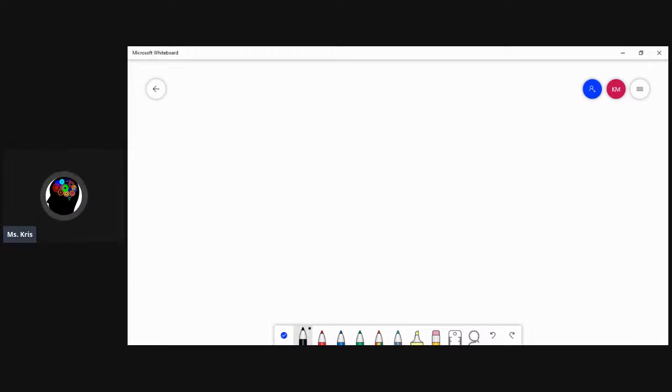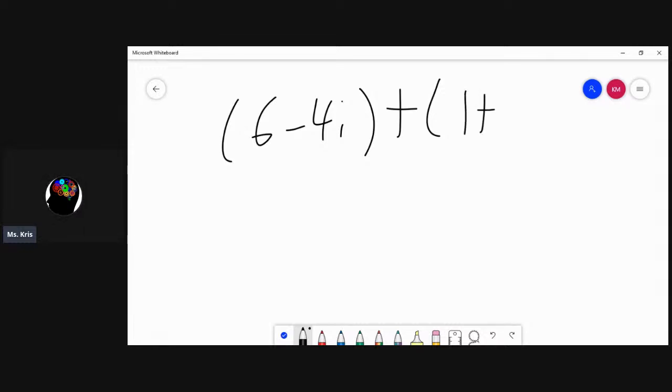You combine imaginaries to imaginaries, and you combine real numbers to real numbers. What I mean by that is, say for instance, I have 6 minus 4i plus 1 plus 3i.